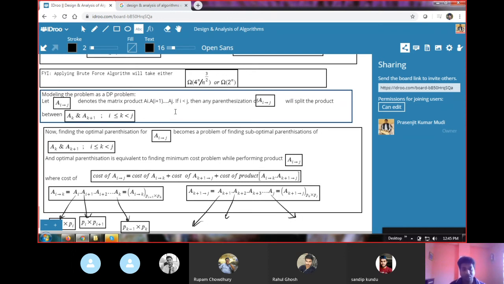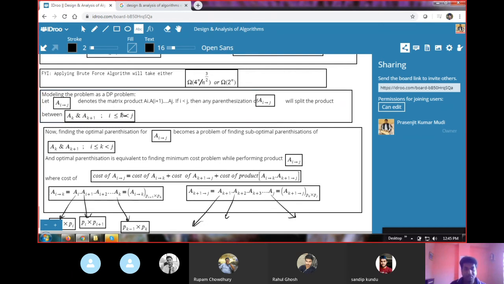That is unknown, so we may have several possibilities for k. k may be equal to i, k may be equal to i plus 1, k may be equal to i plus 2, dot dot dot, k equal to j minus 1.